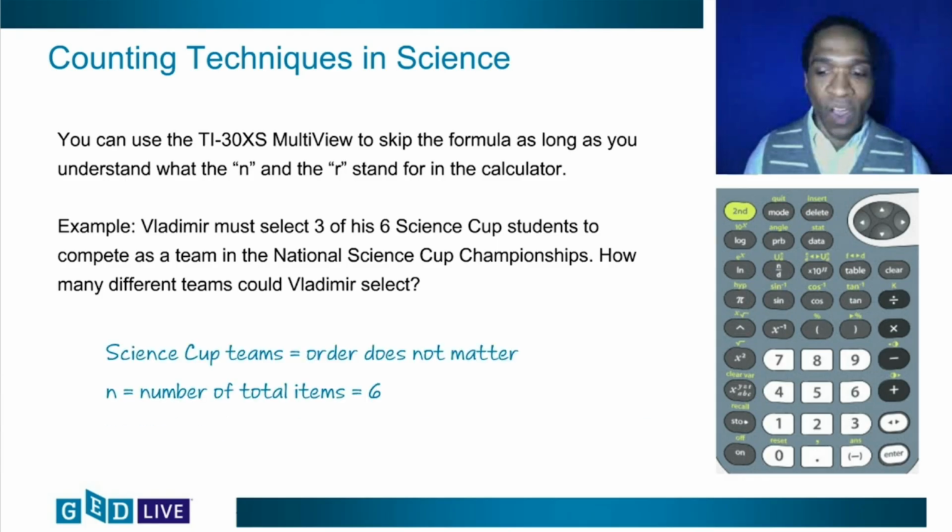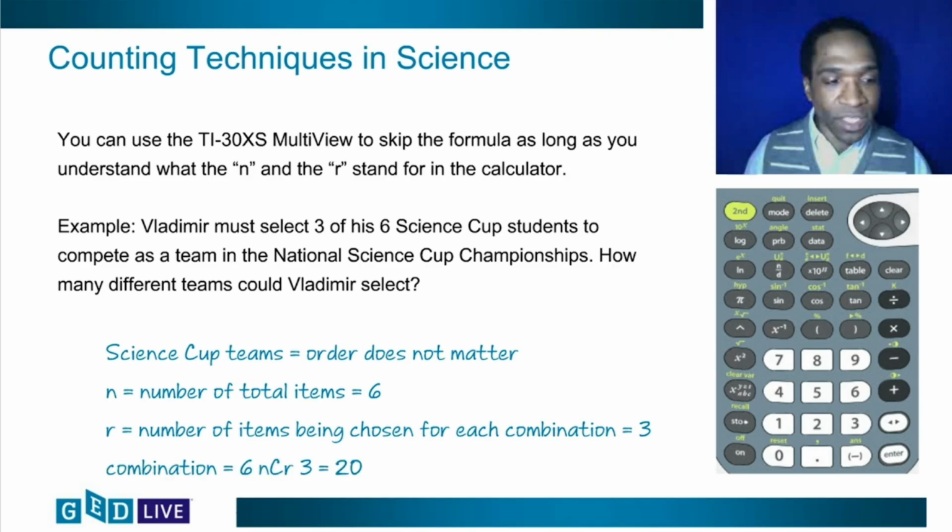Again, N is 6, R is 3. We put it into the formula like so. So here's how you do that. It's all about the PRB button on the calculator.